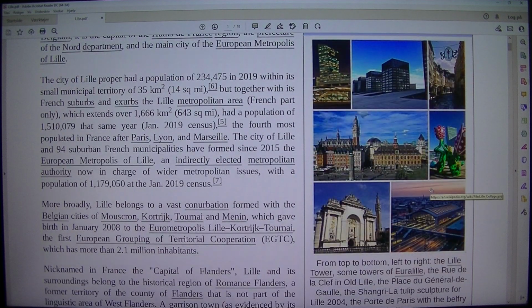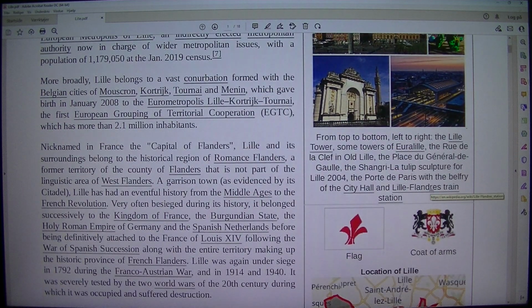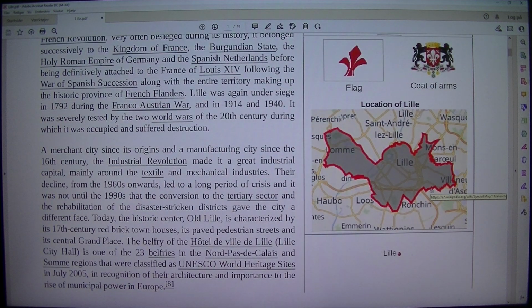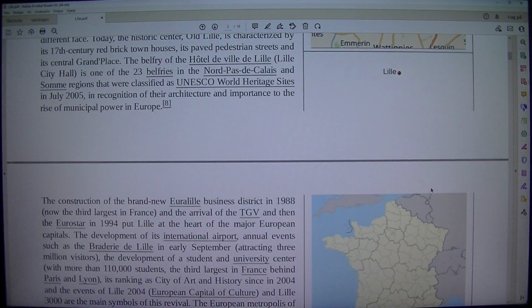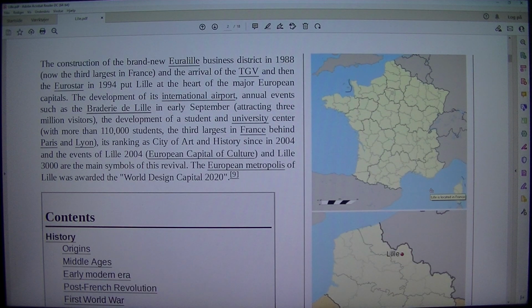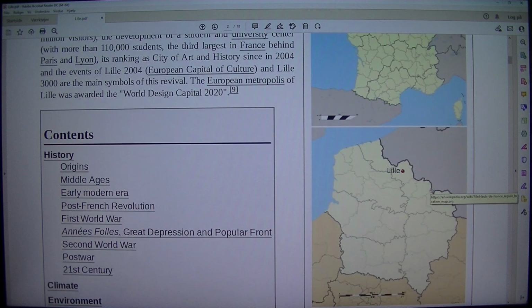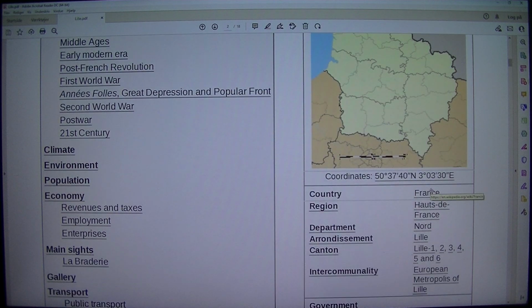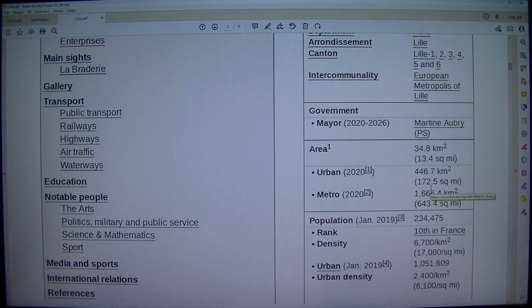Website: lille.fr. French land register data, which excludes lakes, ponds, glaciers over 1 km² (0.386 square mi or 247 acres) and river estuaries.